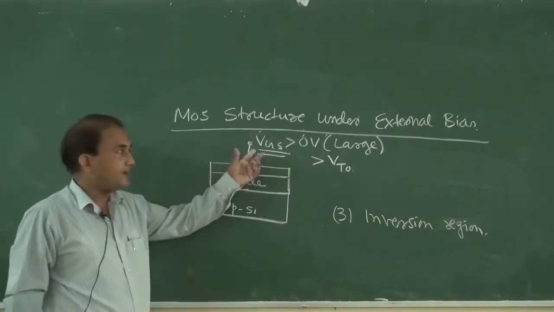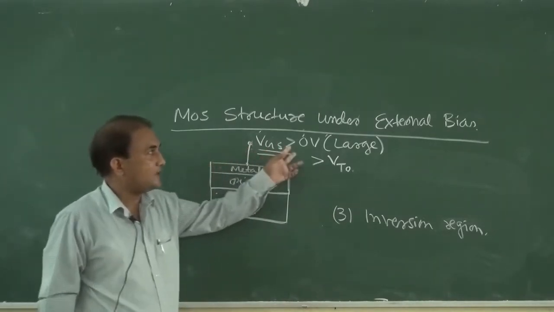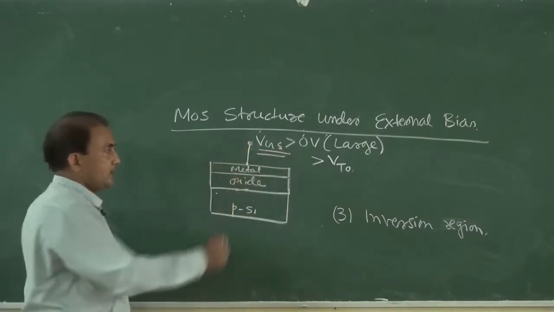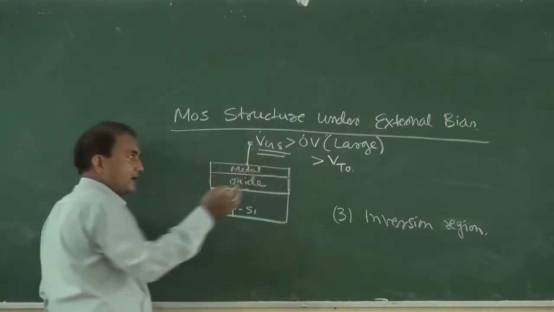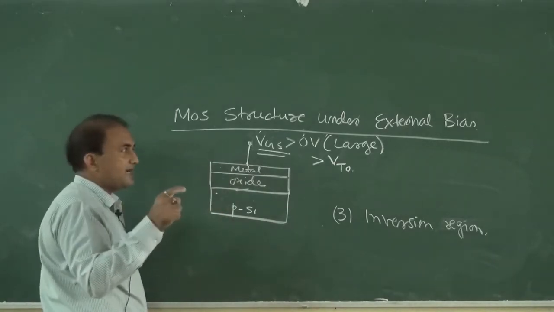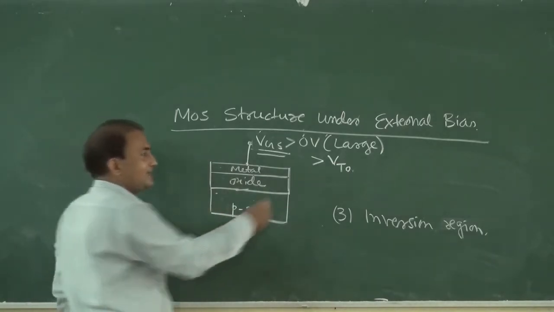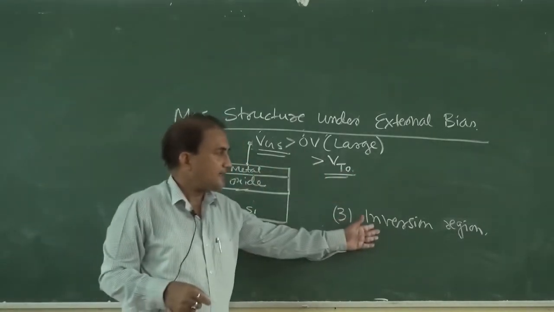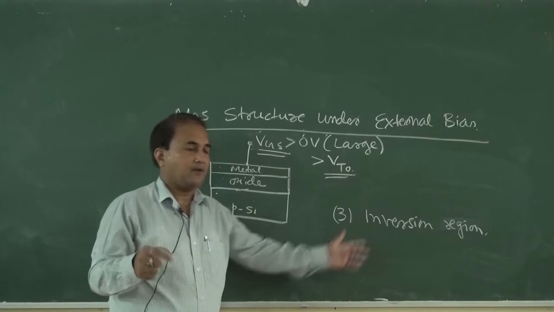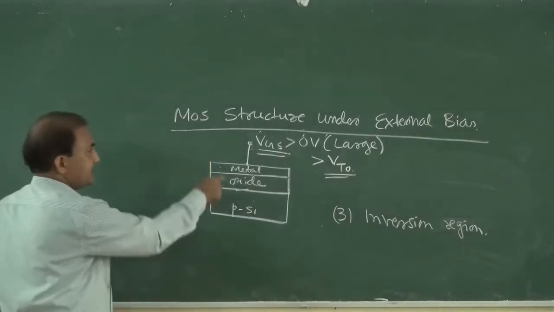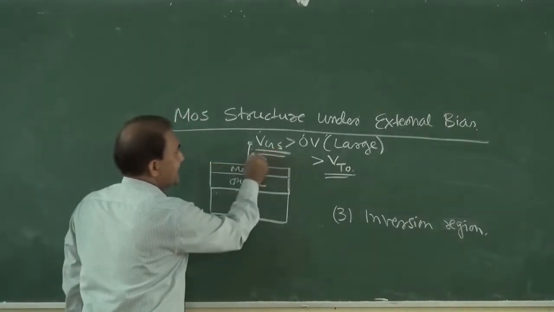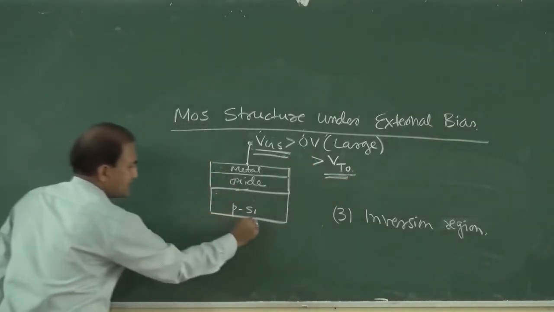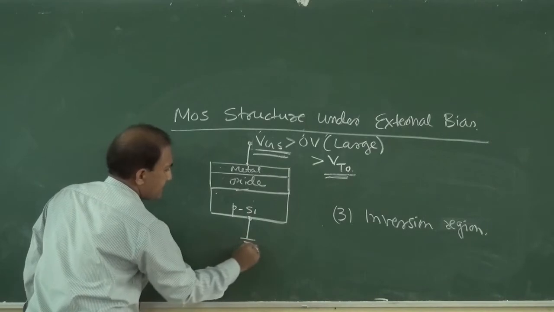If we apply a gate voltage greater than 0 volt with large magnitude, larger than the threshold voltage of this device, then the region that is created is of inversion type. See what happens if we apply a voltage greater than VT0 of this device.